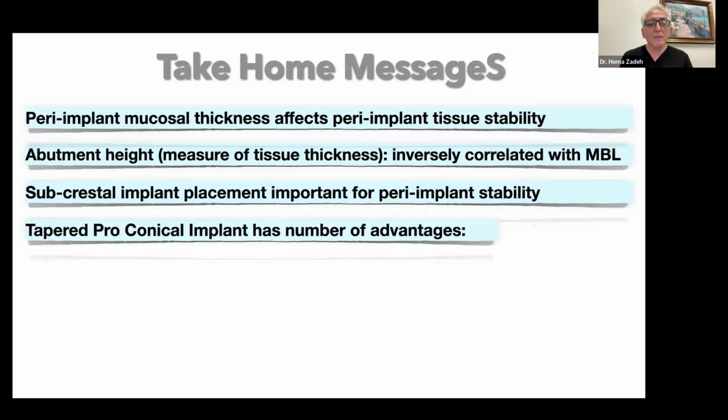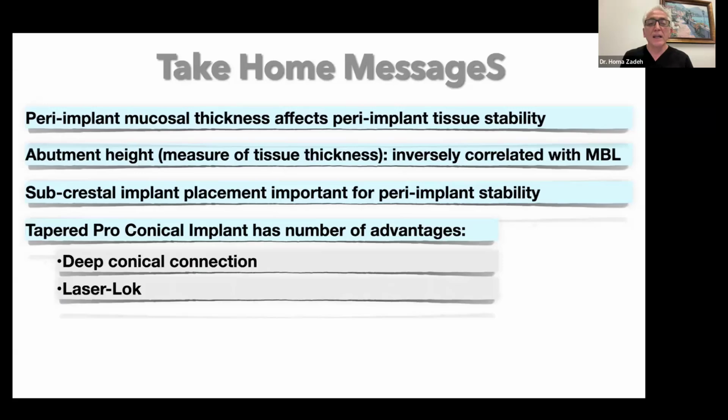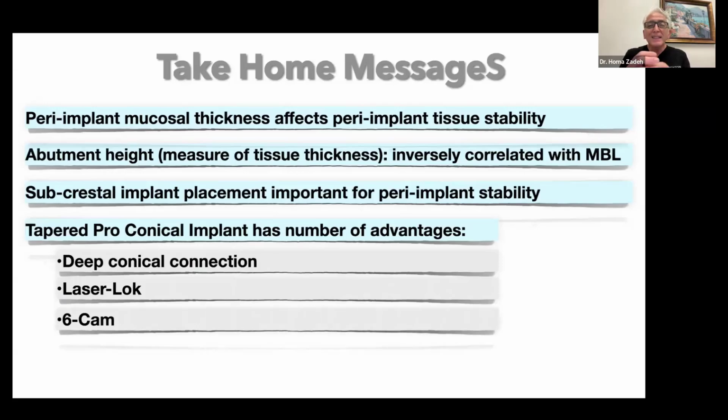So in my experience, using a Taper Pro conical implant has had a number of advantages, such as a very deep conical connection, and the laser lock to give functionally oriented tissues around the area. Having the 6 cam is very convenient, especially for these full arch cases if using tilted implants.